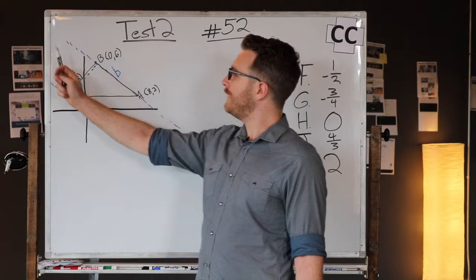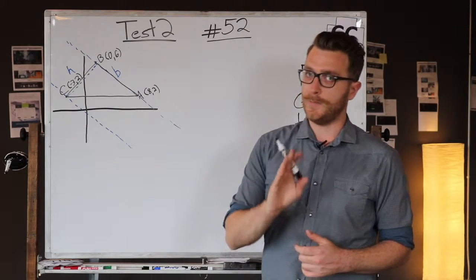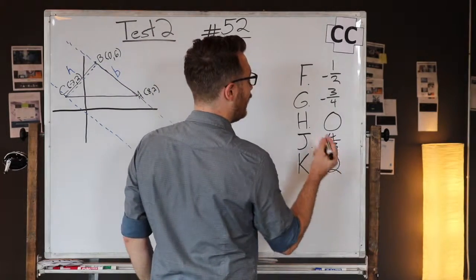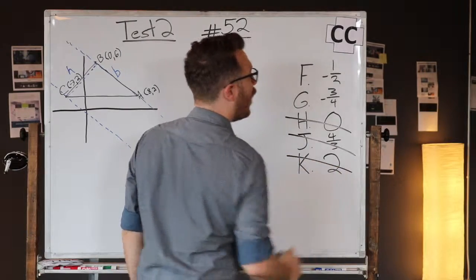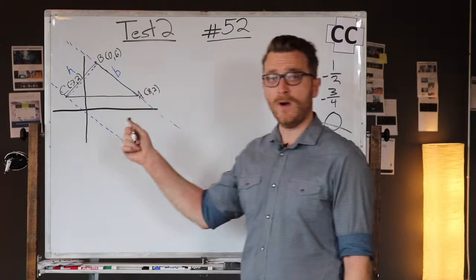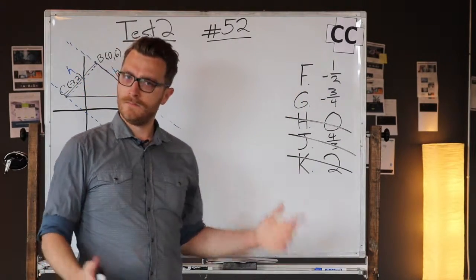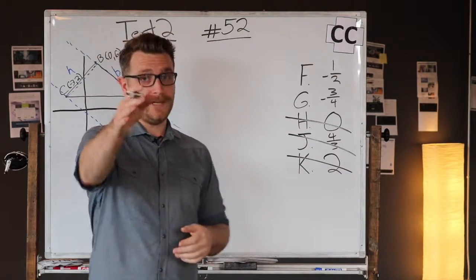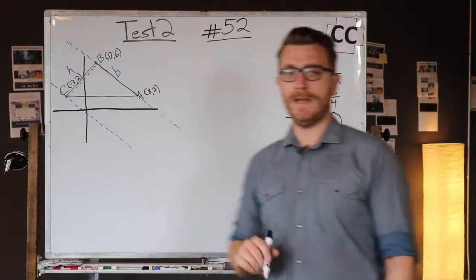As x increases, it decreases. We know that is a negative slope, not a slope of 0. So letters H, J, and K are all not negative slopes. If you had just gotten this far, you've narrowed it down to just 2 possible options. If you're really stuck in the last 30 seconds of the test, that's not a bad place to be guessing. Pretty good. So we've zeroed in and proven it can only be one of those 2 answers.